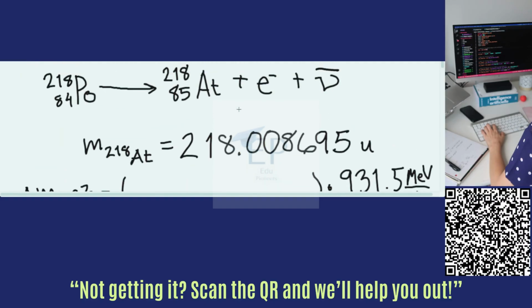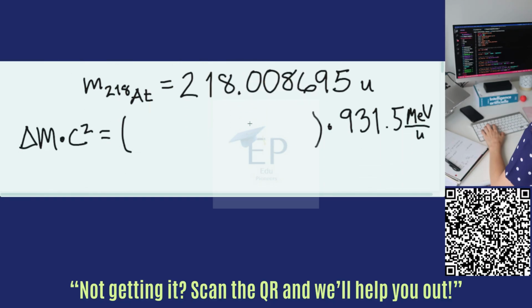Looking up the atomic mass of astatine 218, we find that that mass is 218.008695 atomic mass units.